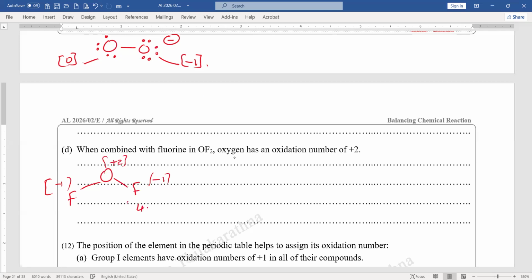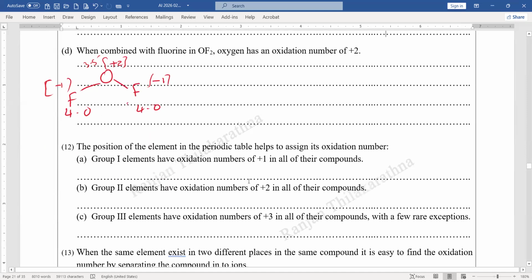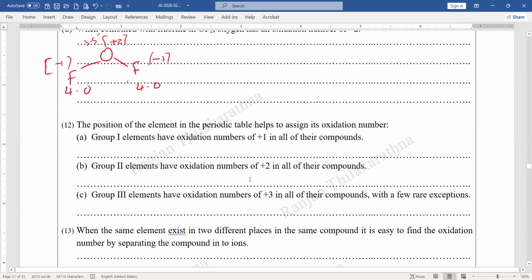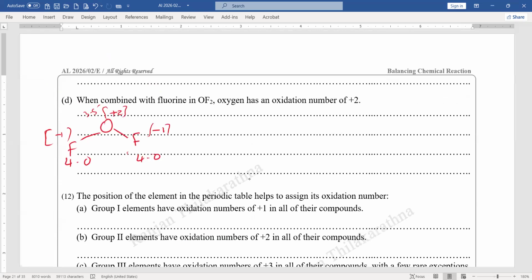Because the electronegativity here is 4.0, here 4.0, and oxygen is 3.5. So the more electronegative element will get the negative charge for each bond. And if you take O2F2, in this case it is +1. Oxygen is in the +1 oxidation state.